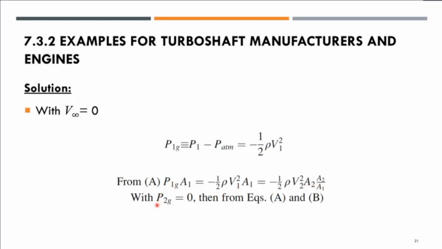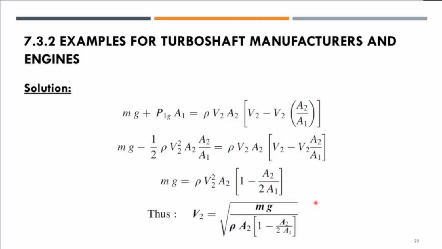We rearrange it with P2G equal to 0. Then from equations A and B, we get the following. We can follow through the equation to get a velocity equal to the square root of the weight mg over the density times the area at 2, times this element of the ratio of areas.